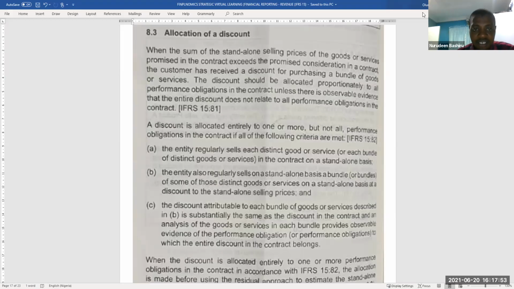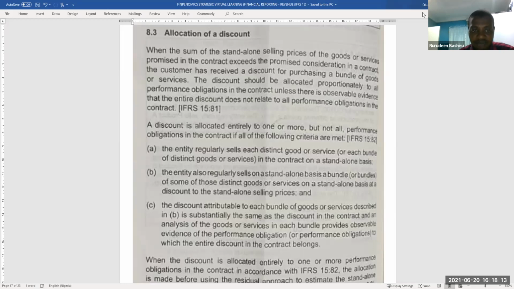B, the entity also regularly sells on a standalone basis a bundle or bundles of some of those distinct goods or services at a discount to the standalone selling prices.